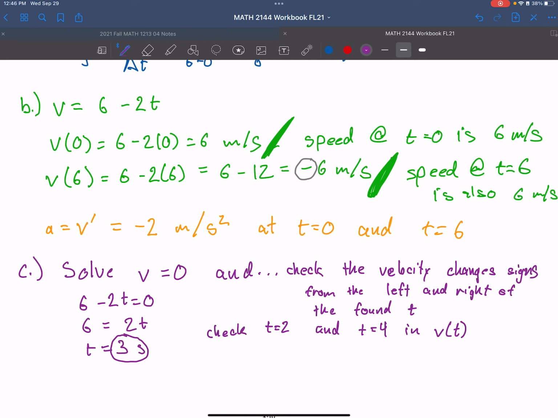So v of 2 is 6 minus 2 times 2, which is 6 minus 4, which is 2 meters per second. v of 4 is equal to 6 minus 2 times 4, which is 6 minus 8, or minus 2 meters per second. So because the sign changed, we know that the object changed direction.